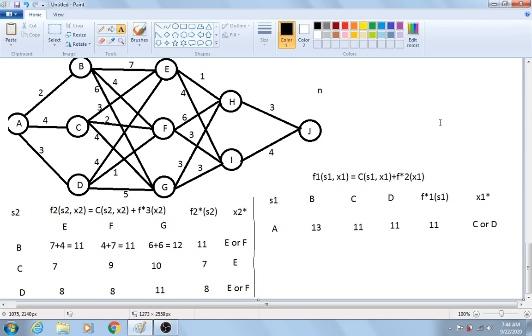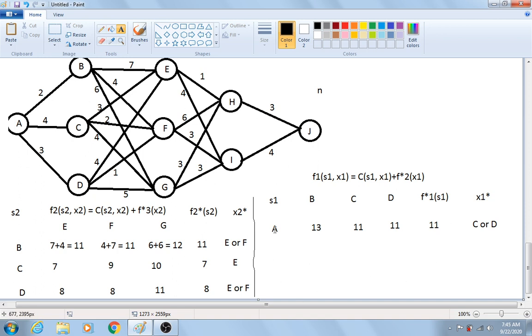We are almost done. Now we need to determine the route. So we start from A, right?